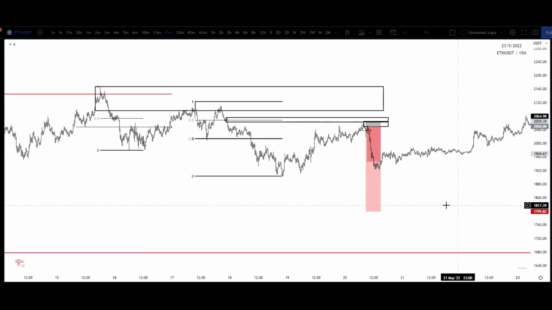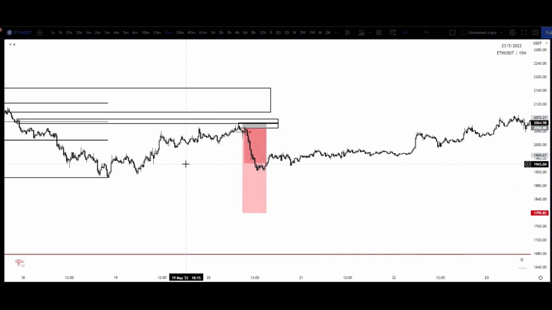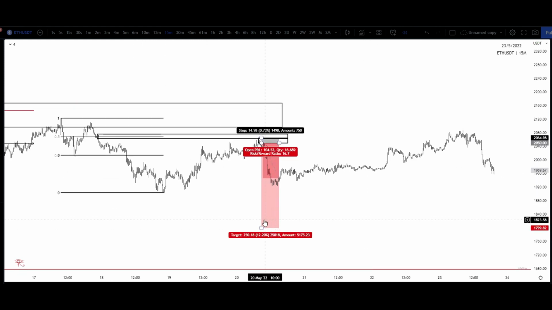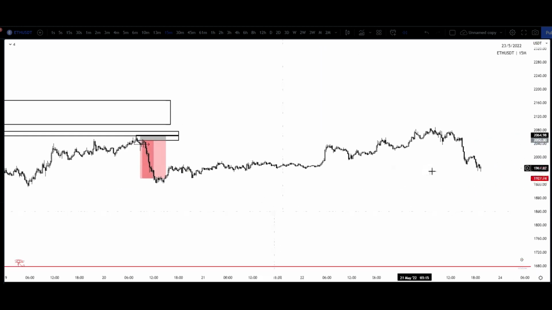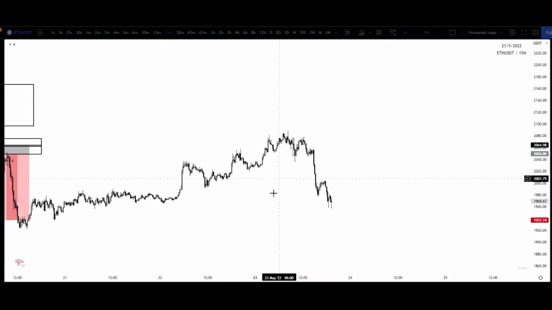I look to take profits here at this sell side liquidity that was created right here. All of these equal lows, this unmitigated demand zone right here that caused this move upside. So I can take my first profits at a 7-to-1 here. I end up getting stopped at break even.